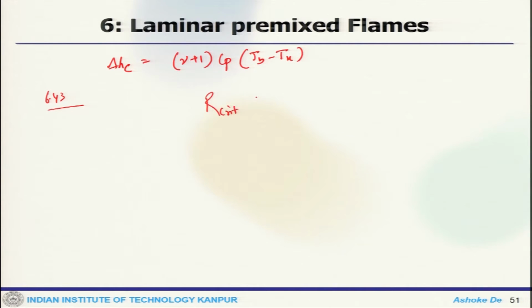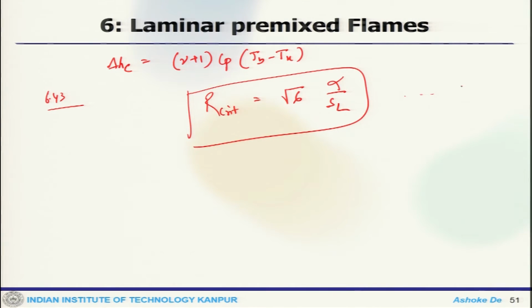So, 6.43 becomes R critical equals root 6 alpha by SL. So, you get the critical radius, and here alpha is k by rho Cp. Now, if you replace these things with delta, one can rewrite this as root 6 by 2 delta.